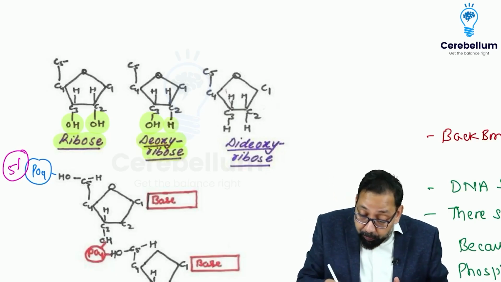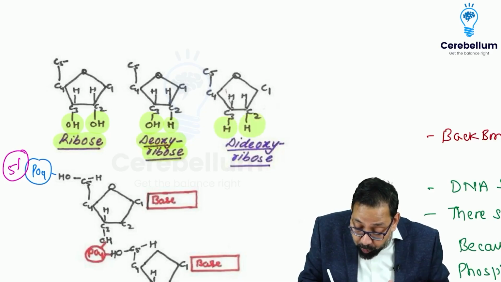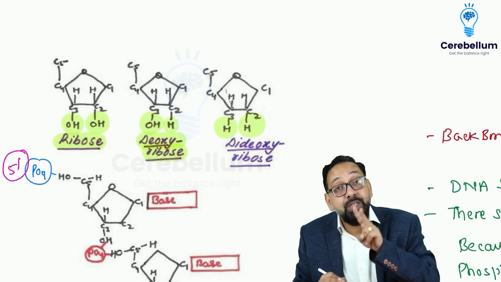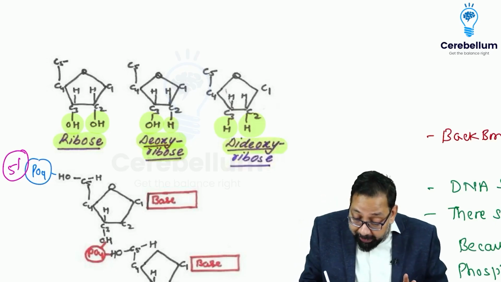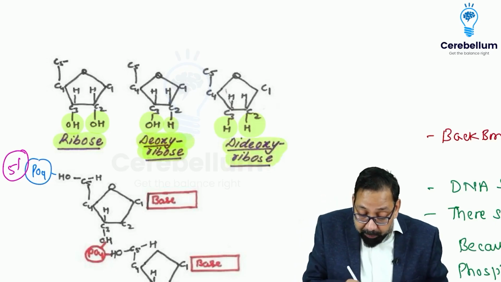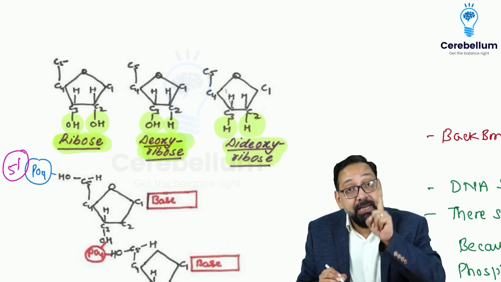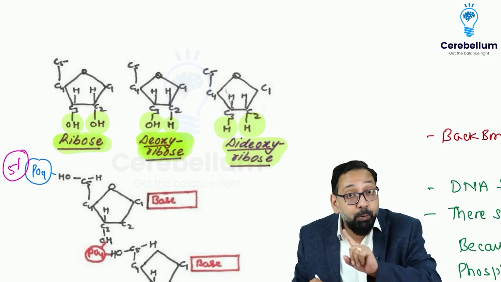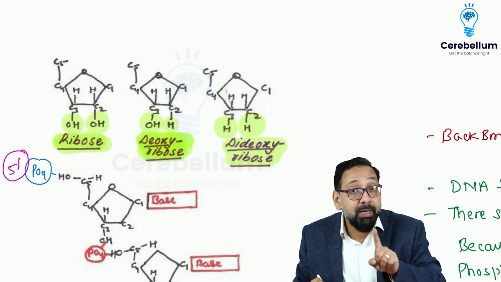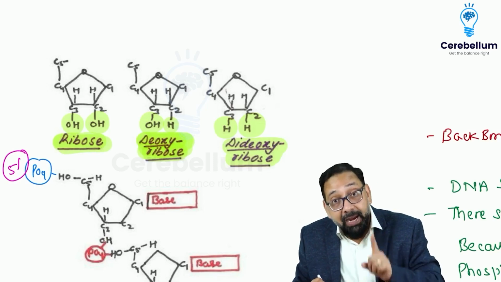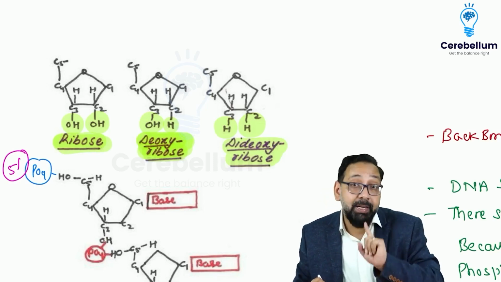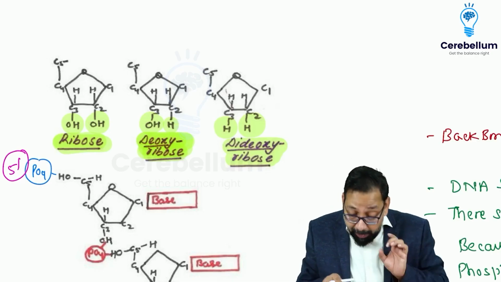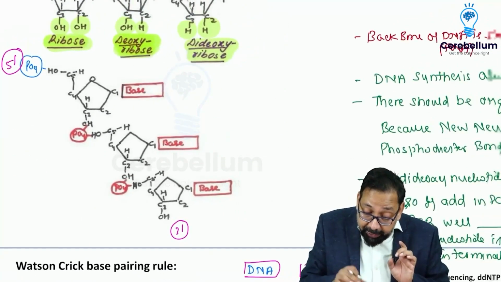If there is no oxygen at C2 and C3, it is dideoxyribose. Ribose is present in RNA, deoxyribose is present in DNA, and dideoxyribose does not take part in DNA synthesis. Dideoxyribose inhibits DNA synthesis.